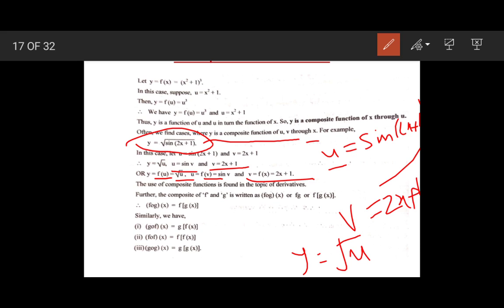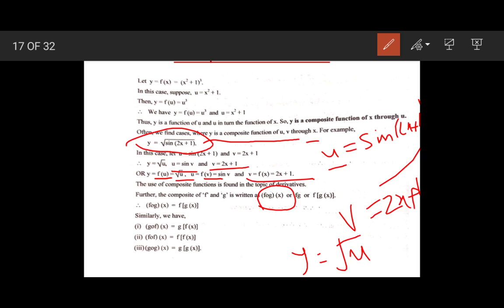So the use of composite function is found in the topic of derivative. In derivative we are going to use this composite function. Further, the composite of f and g is written as f∘g(x) or f(g(x)).